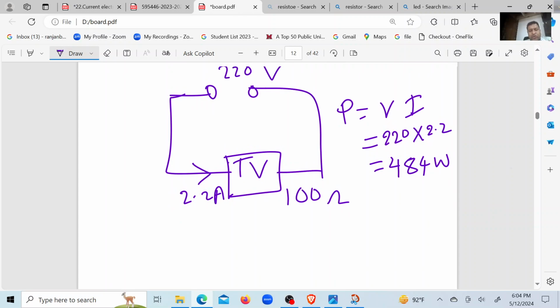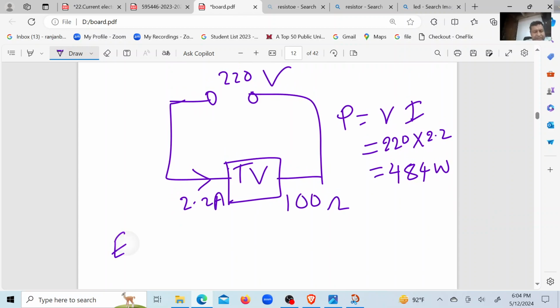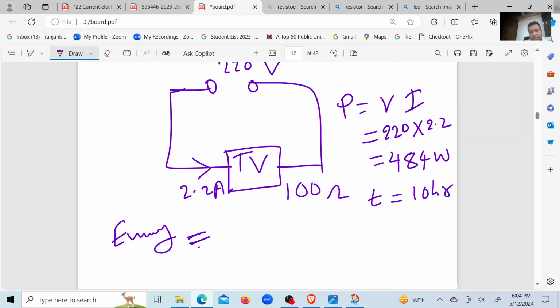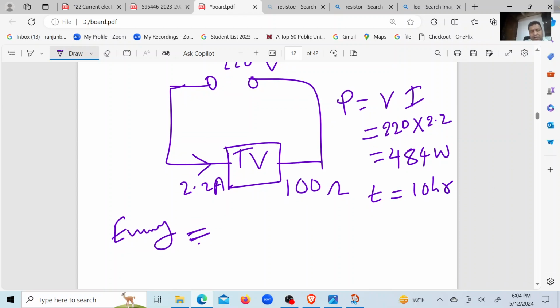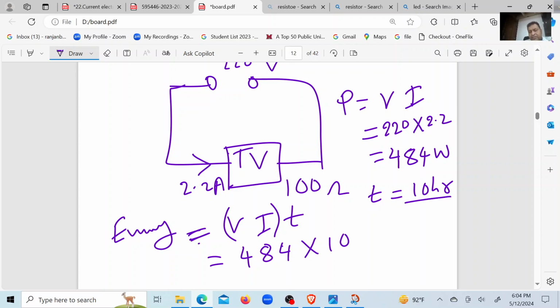Clear? Now if the question is how much energy, when the term is energy, time must be there. So what electrical energy is consumed by it over a time of 10 hour, then the answer will be VIT. The product VI is the power, the answer is already known to you. So 484 into time 10 hour, 10 into 60 into 60.